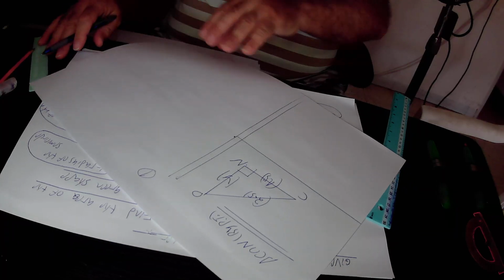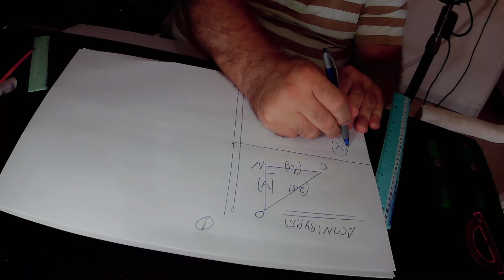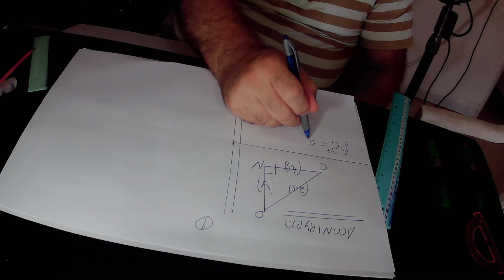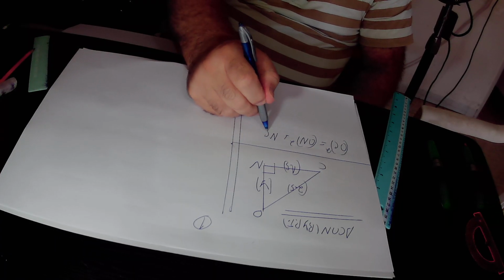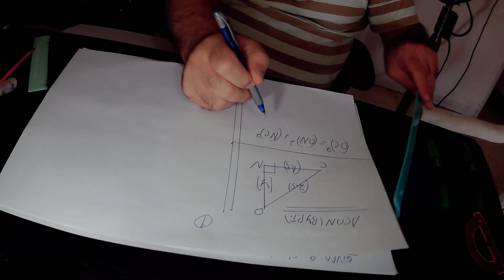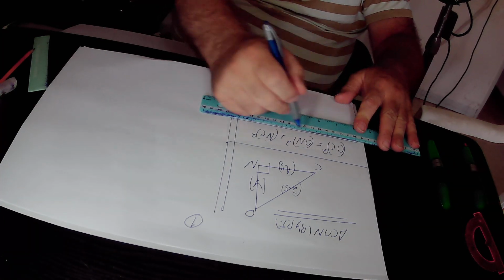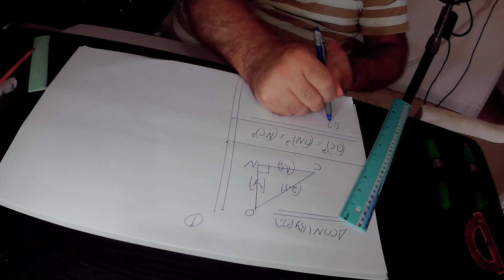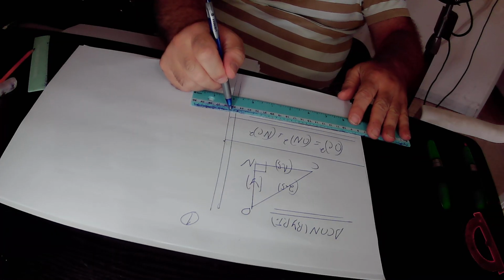OC squared, that is the square of the hypotenuse, equals ON squared plus NC squared. OC is 2.5, therefore OC squared is 2.5 squared, that is 6.25, and it equals ON squared.